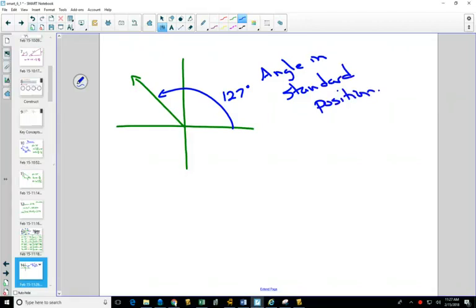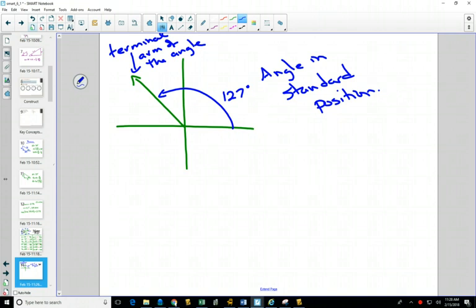Any angle that starts on the positive x-axis and goes to an end somewhere, we call the place where an angle ends the terminal arm of the angle. So an angle starts on the positive x-axis, it ends at its terminal arm. That's an angle in standard position.